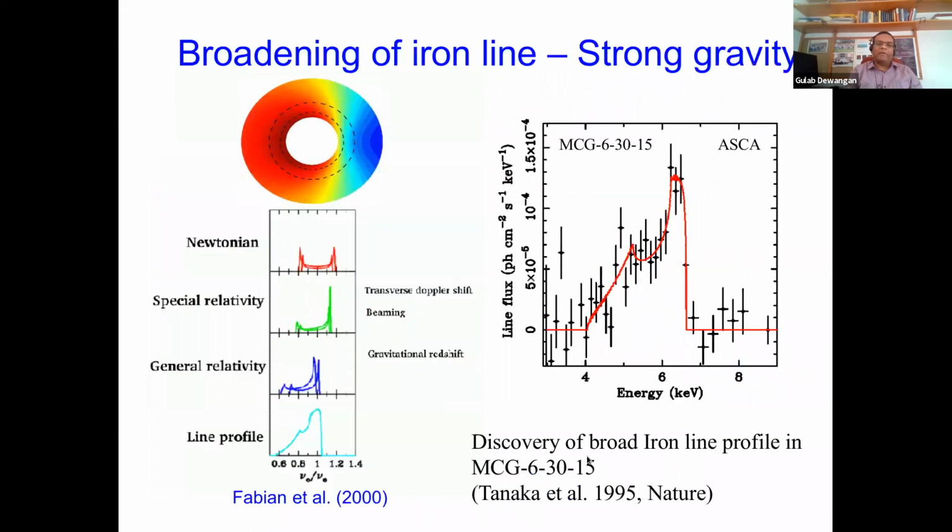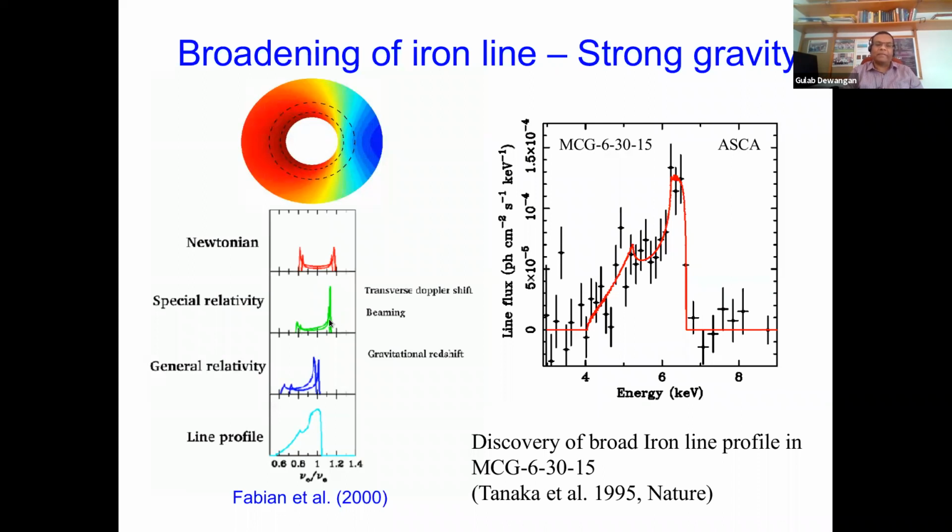Okay. How do you get this broad emission line? Let's see. If you consider an accretion disk and these two annuli here, and let's imagine these two annuli are emitting this line emission. Just due to the rotation, if you apply Newtonian physics, the line profile will be a double horn kind of profile. Now, if you apply special relativity, there will be two things. Due to the transverse Doppler shift, or the time dilation effect, the entire line will move redward.